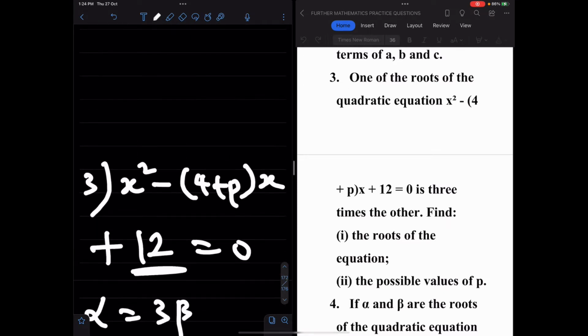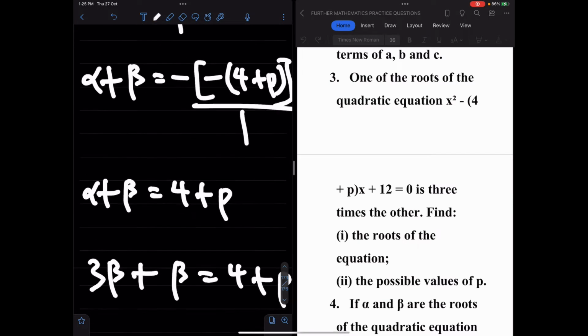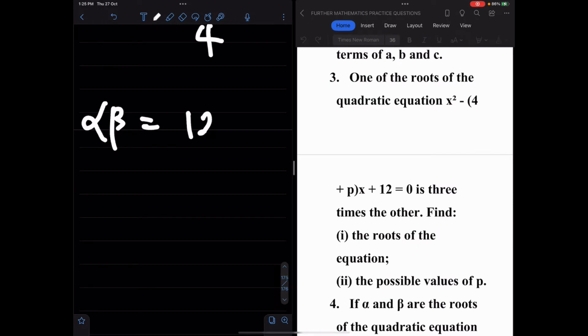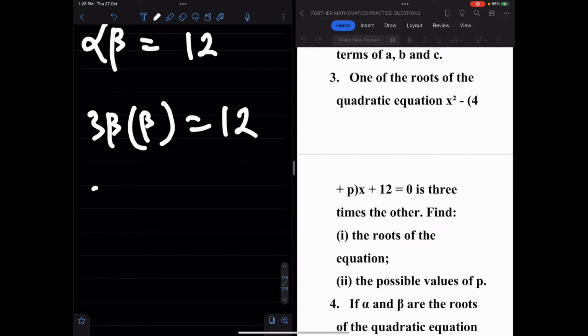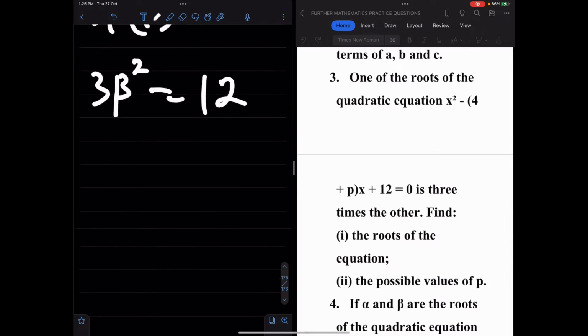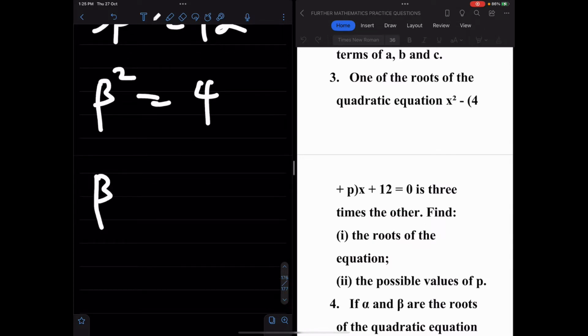C is 12 and a is 1, so alpha beta is 12, and we know that alpha is 3 beta. That means 3 beta times beta equals 12, so 3 beta squared equals 12, which is the same as beta squared equals 4, so beta equals plus or minus 2.